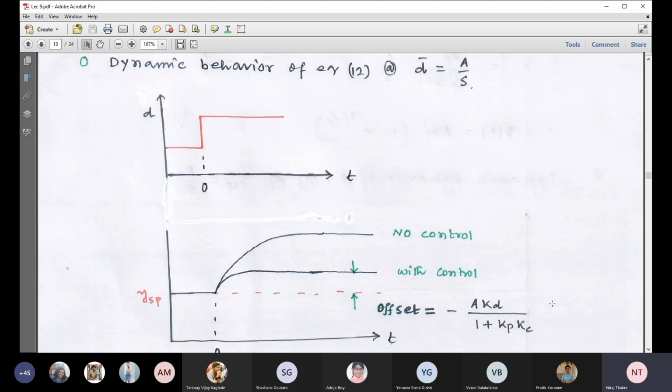Like we will again consider the ultimate value of response. If t is infinity, then we will get this value. Sir, we will get this if the new set point is taken 0. Correct. What's your roll number? 19CH30008. Can we consider it?